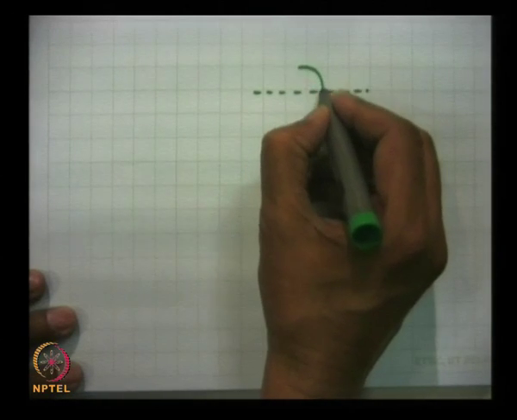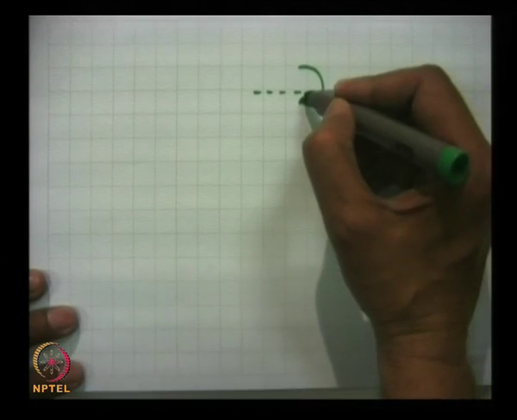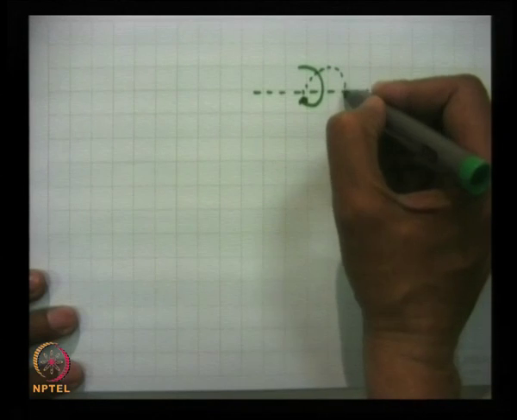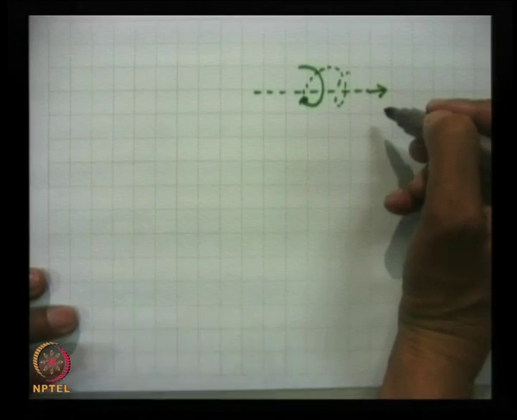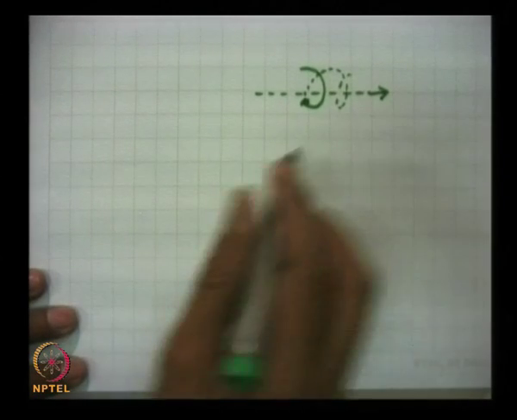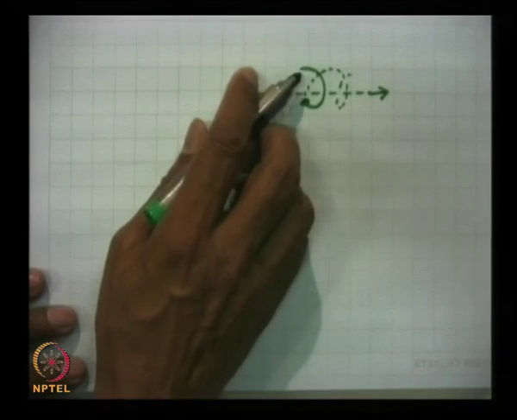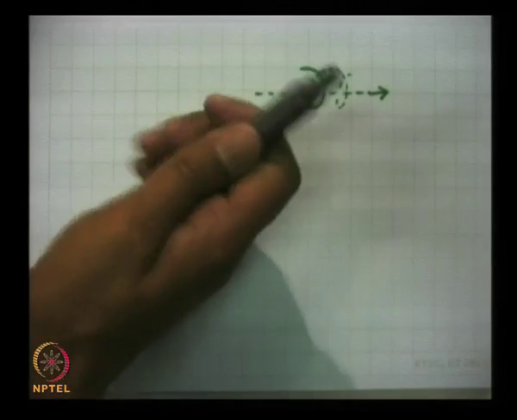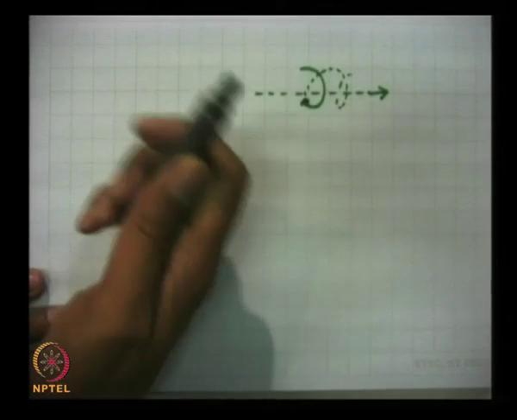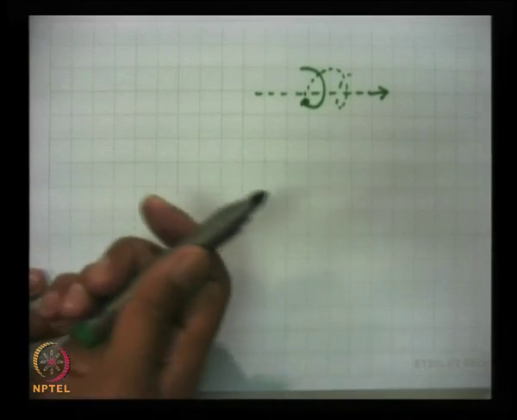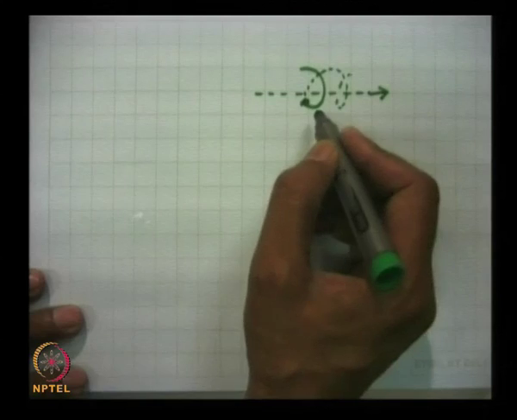An electron is gyrating like this, and it is moving forward as well, because we have seen that if the magnetic field is in the z direction, then in the zeroth order approximation the electron will gyrate about the line of force in the right handed sense, just like if you take a right handed screw and rotate it, the direction of electron motion will be through the fingers, and the direction of advancement of the screw will be the direction of magnetic field.